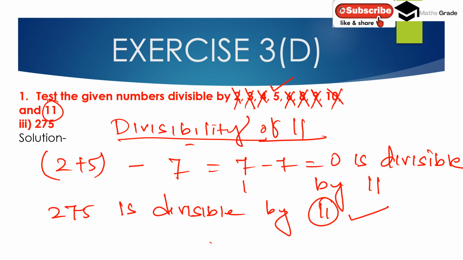So this number 275 is divisible by 11. So the number 275 is divisible by 5 and 11 only. And this number is not divisible by 2, 3, 4, 6, 8, 9 and 10. So 275 is divisible by only 5 and 11.